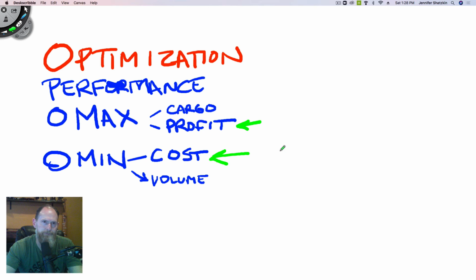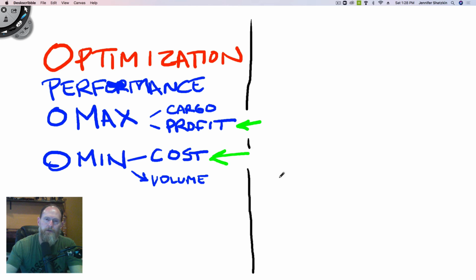Okay, super. So to do this within Solver, and again, Solver is not the only optimization engine out there, but it is a very popular one. First things first is we're going to have to identify what's called an objective function.